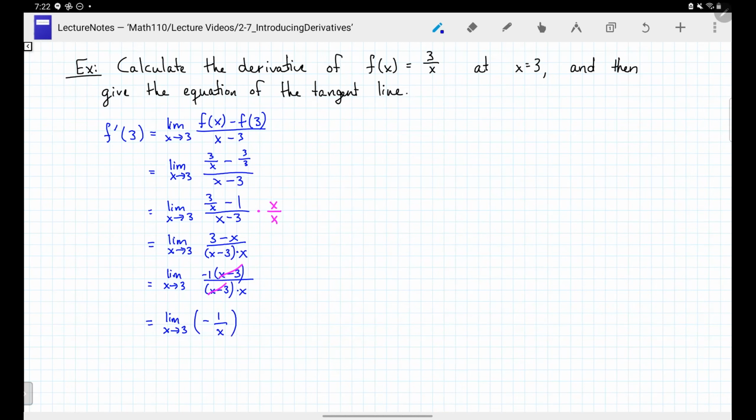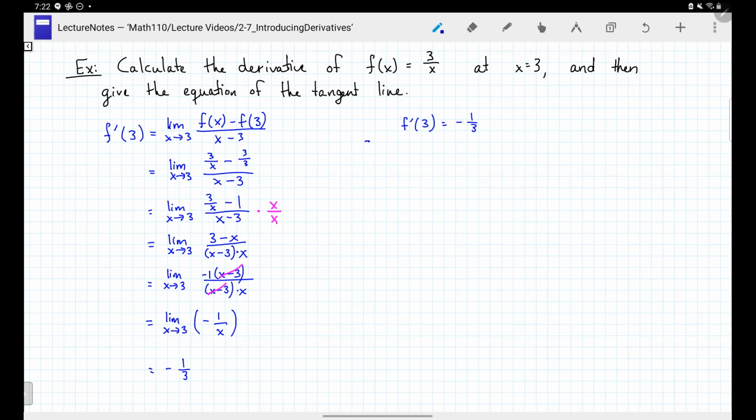Okay, and now I can use direct substitution. It looks like that limit is -1/3. So we have f prime of 3 is -1/3. That is the slope of the tangent line to the graph of this function, f of x equals 3 over x, at the point x equals 3.